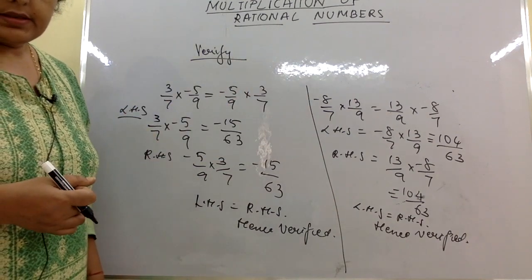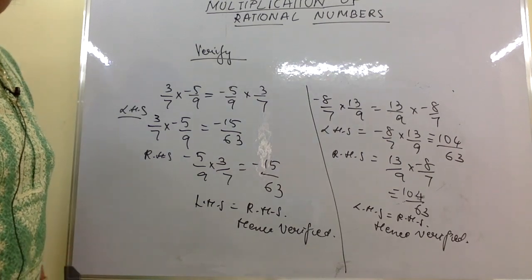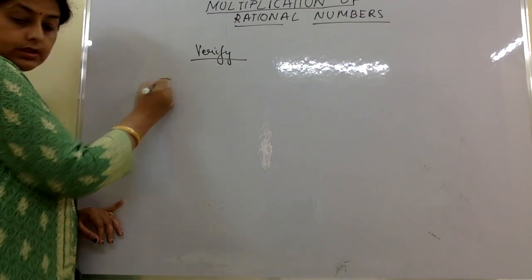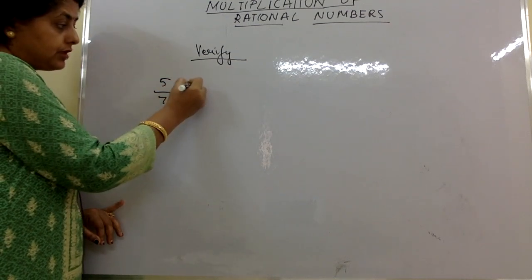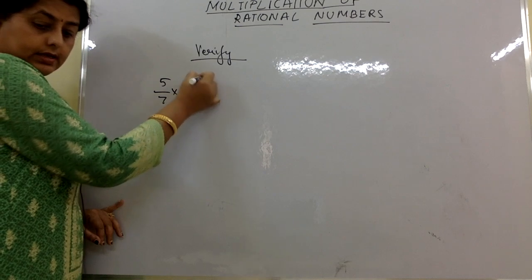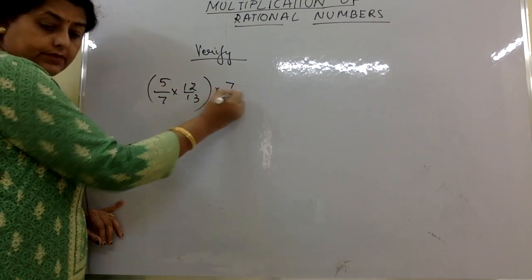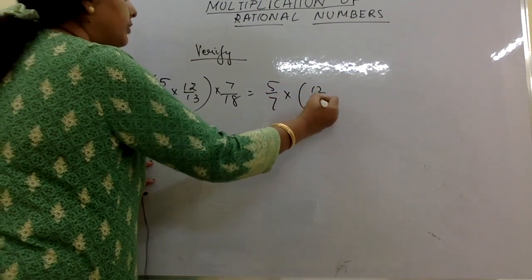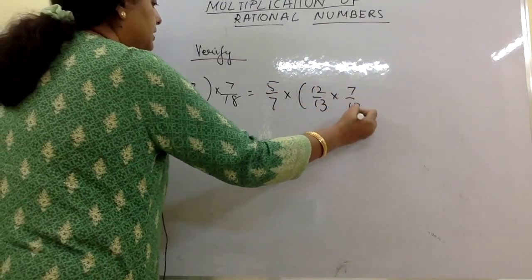Now next sum. Verify each of the following. Another verification sum, which is 5 by 7 into 12 by 13 and then into 7 by 18 is 5 by 7 into 12 by 13 into 7 by 18.